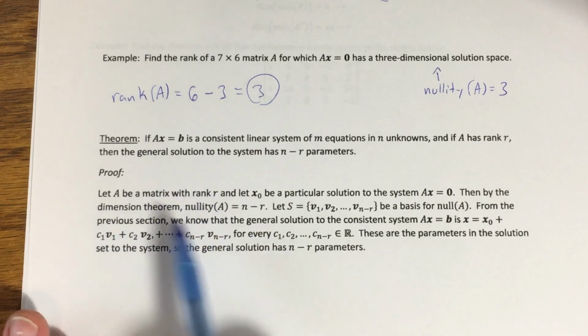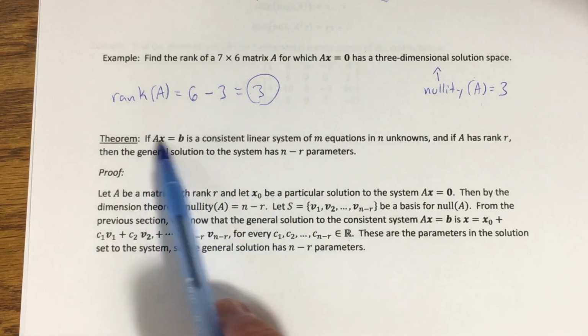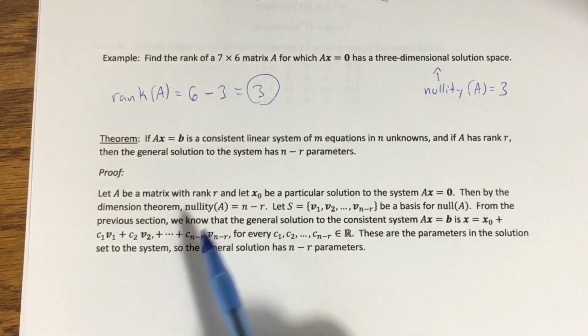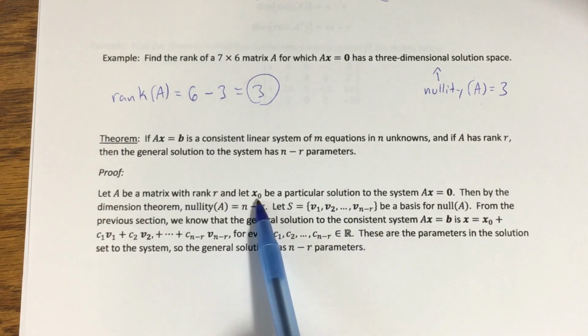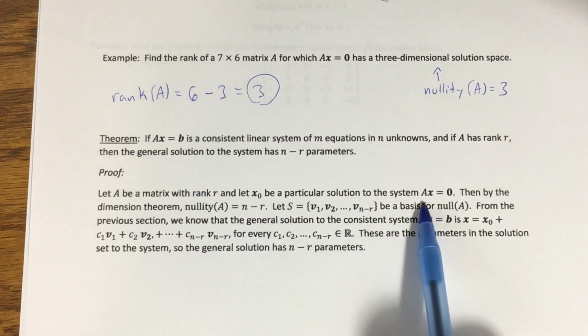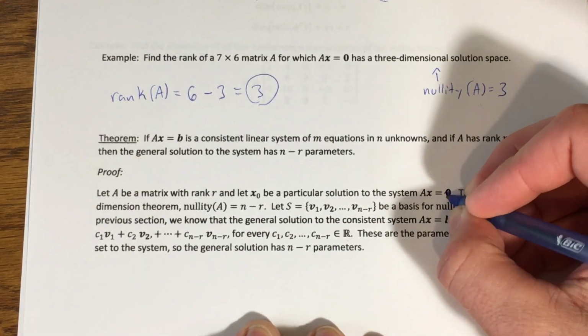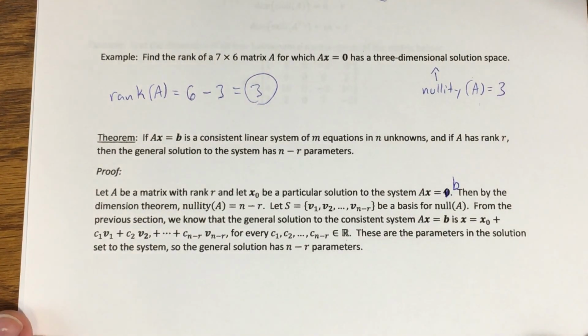Let A be a matrix where the rank is r, and because we're assuming that this is a consistent linear system, there is a guarantee that we can find a solution. x naught is going to be my particular solution that I'm singling out, a particular solution to the system AX equals B. Sorry, I wrote that incorrectly before; that should be B right there.